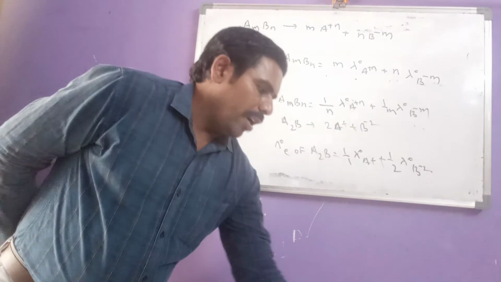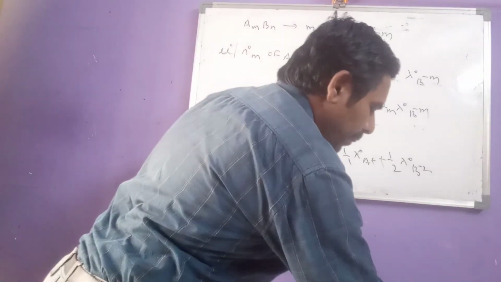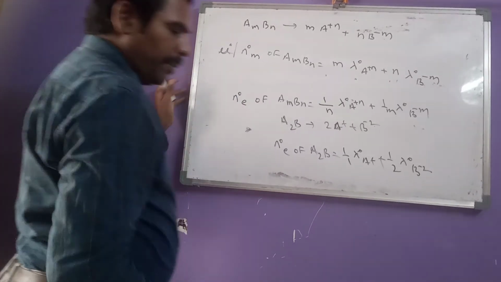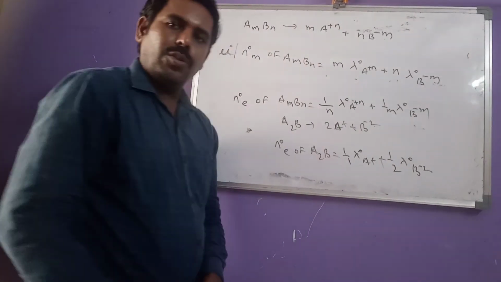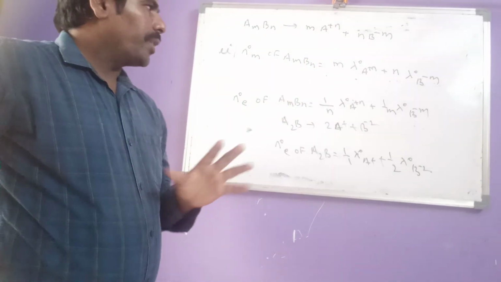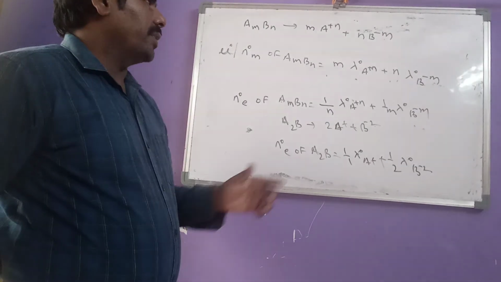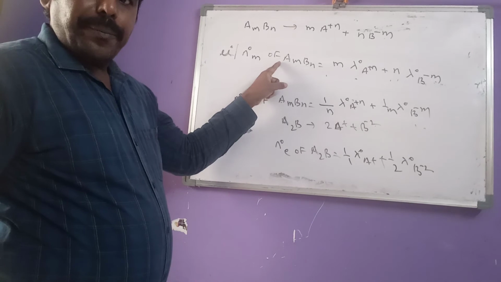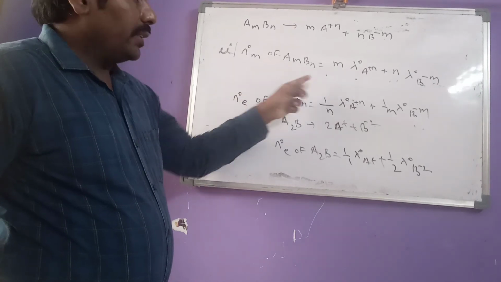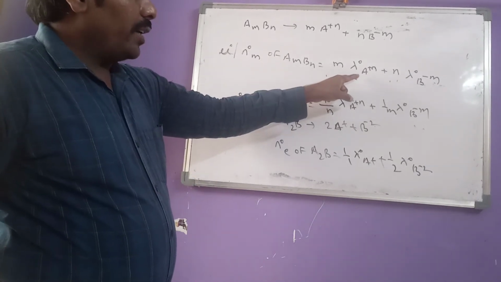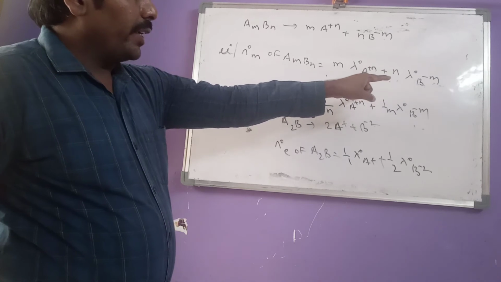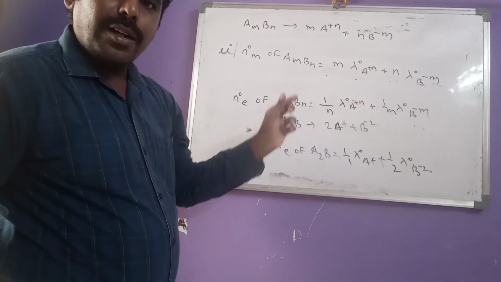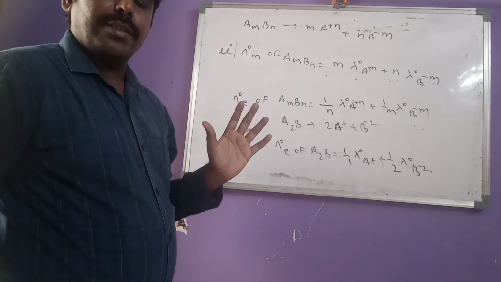Okay, now let us go for some other examples here. Before going to some other example, I want to give one clarity to you. What is that clarification? To get molar conductivity of any electrolyte, the individual ionic conductivities should be multiplied with the number of that respective ions.